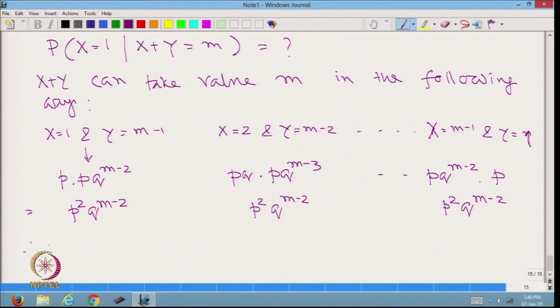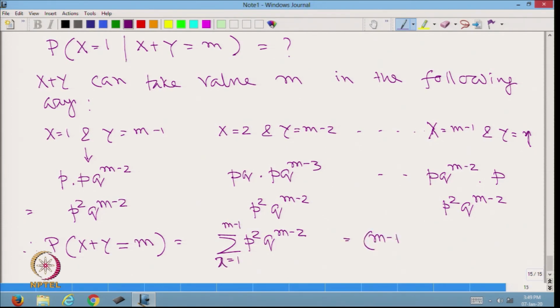Therefore, probability x plus y is equal to m has the probability sigma p square q to the power m minus 2, x is equal to 1 to m minus 1, which is m minus 1 into p square q to the power m minus 2.